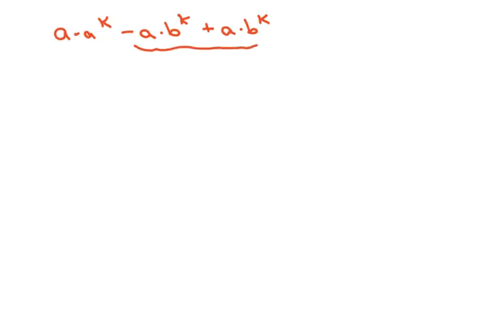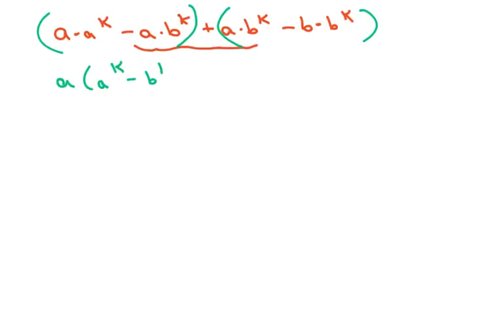Then we just copy the rest, minus b times b to the k. Now I'm going to factor and group these two together and these together. I pull out the a and get a times a to the k minus b to the k, plus b to the k times a minus b. I factored out the b to the k here and the a here.